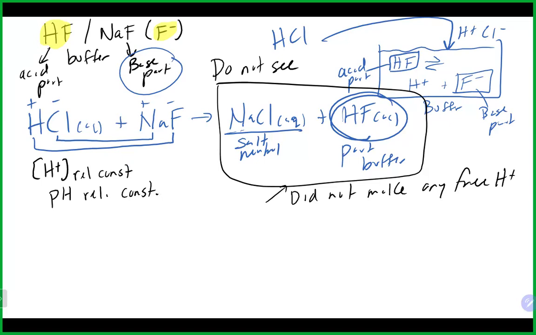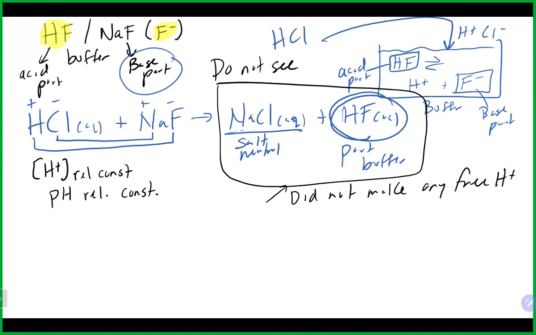I say relatively constant because if you're actually following the pH, you will see the pH move a little bit downward in this case because we're adding acid, but it will not have a really big jump in the pH. So it will not have this really big drop in the pH, but it may go down a little bit. So this will be like, it went from like 4 to like 3.9 or something like that. So a small little drop, but not a really big drop.